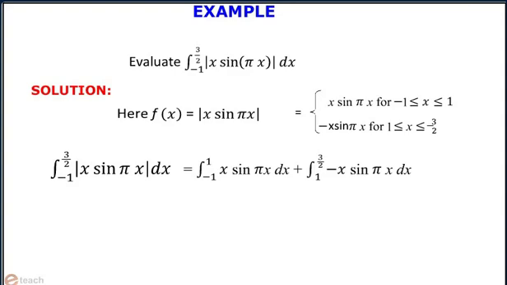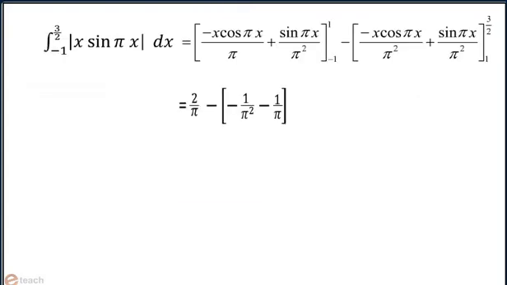Therefore, we break the integration into two parts such that we get two integrals: minus 1 to 1 integration x sin pi x dx, and another is 1 to 3 by 2 integration minus x sin pi x dx. Now integrating it and then putting the values and simplifying it further, we get the final result as 3 by pi plus 1 by pi square.